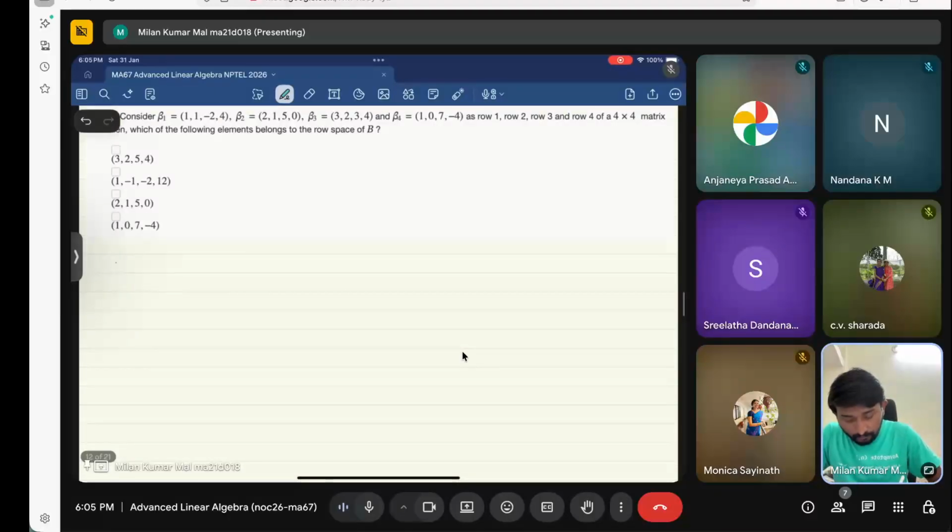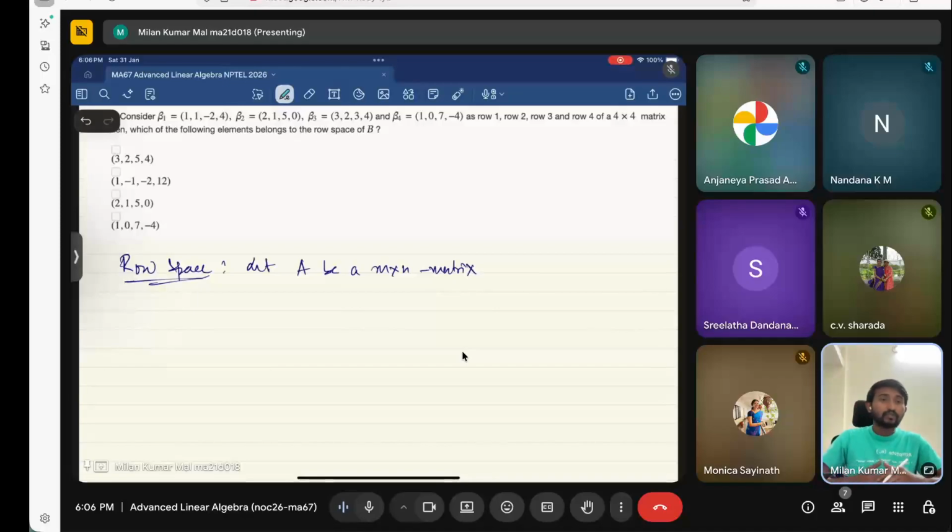Let A be an m by n matrix. That means A is a matrix with m rows and n columns. You can consider the entries of the matrix A to be from the reals or complex numbers or any field, but for now, for your understanding, you can consider the entries to be from real or complex only.